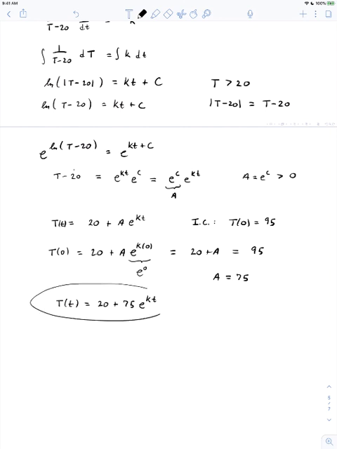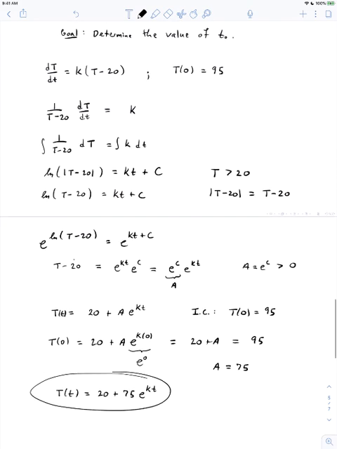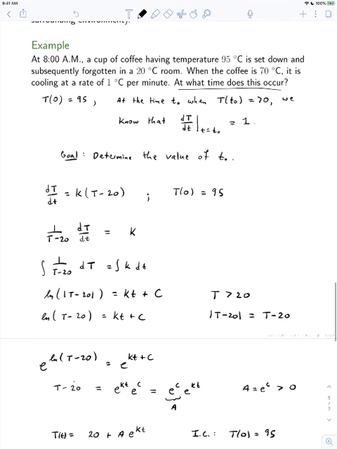Now what we don't have yet is the value of k, and that's really what we need. Now where's that going to come from? That's actually going to come from our other piece of information. We had another piece of information right here, and it said that at the time t0, when T at t0 is equal to 70, we know that the derivative is equal to 1.